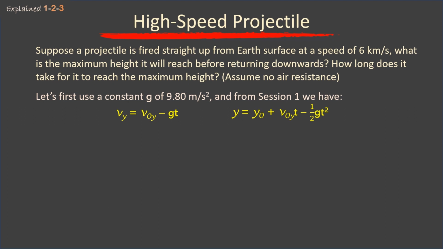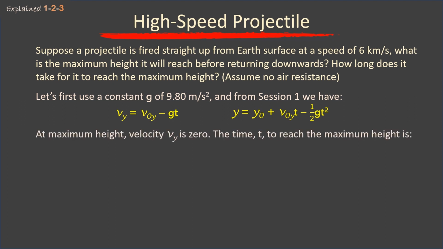Since this is a 1D problem, we have velocity equals the initial velocity minus g times t, and the position, y, equals the initial position, which is 0, plus the initial velocity times t minus 1/2 of g times t squared. We know velocity is pointing upward in the beginning, and decreases because of gravity, eventually becoming 0 when it reaches the maximum height.